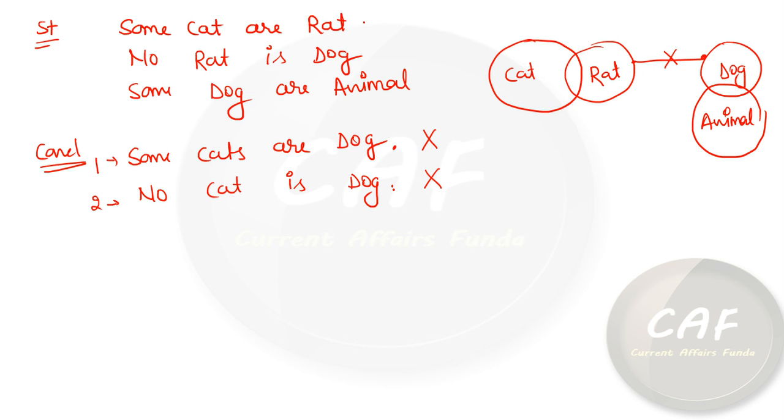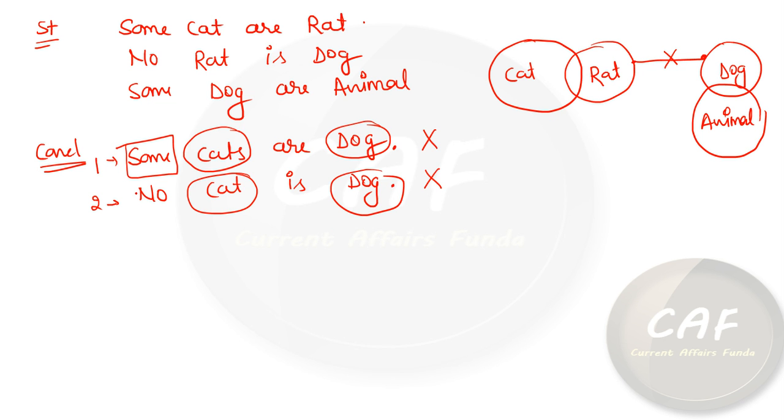Right now, friends, we need to check whether these two conclusions make an either-or condition or not. So we need to check their subjects. Cat is there and cat is also there, dog is there and dog is also there. These two conclusions do not follow, that means we can use either-or here. We need to check one thing only: this one is "some" and this one is "no".